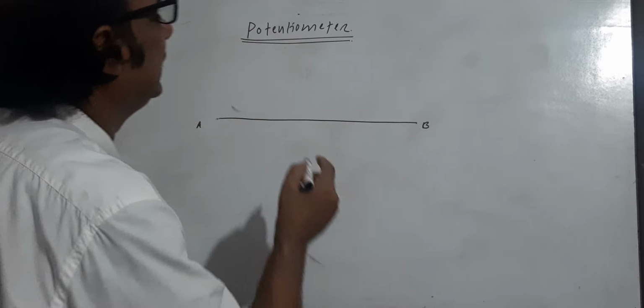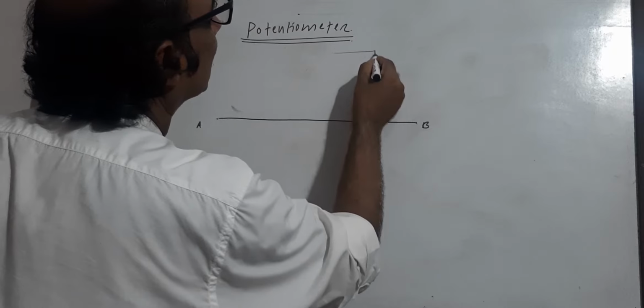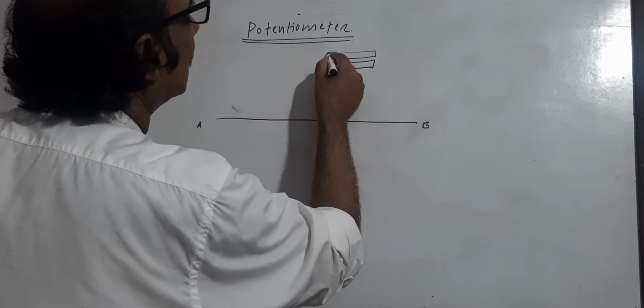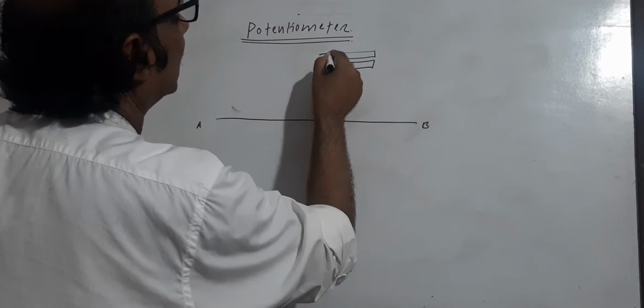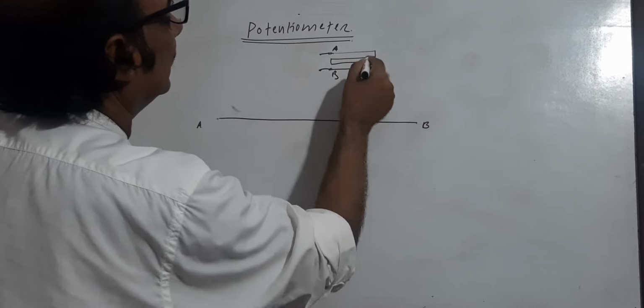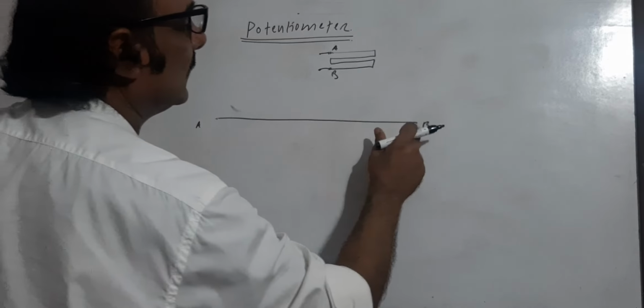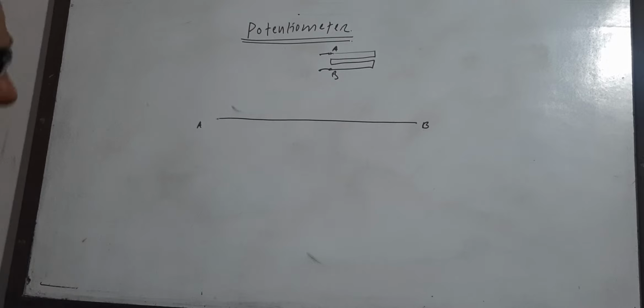It may be 4 meter, 8 meter, or 10 meter, but folded in every 1 meter segments over a wooden platform, and these are the points A and B. If it is assumed to be stretched like that, this is the wire of the potentiometer.